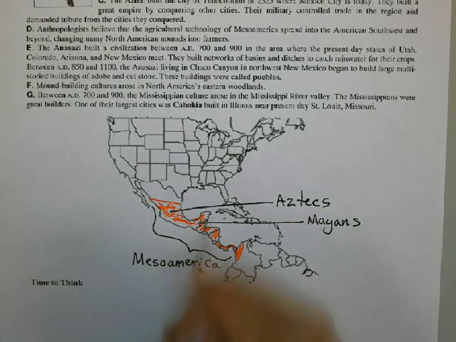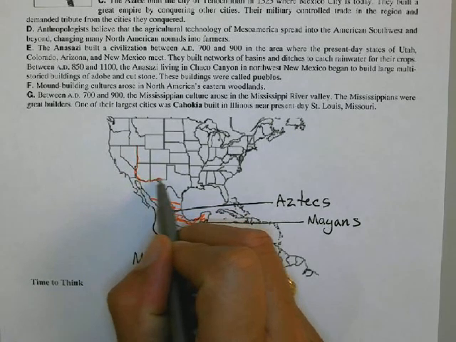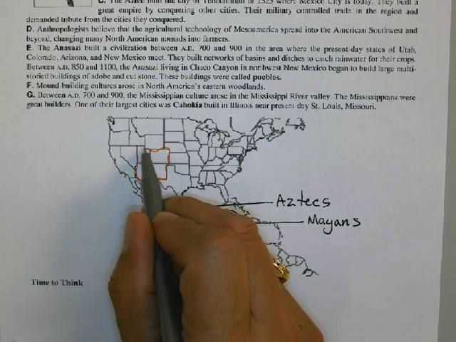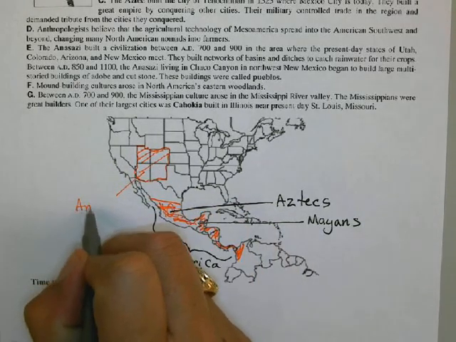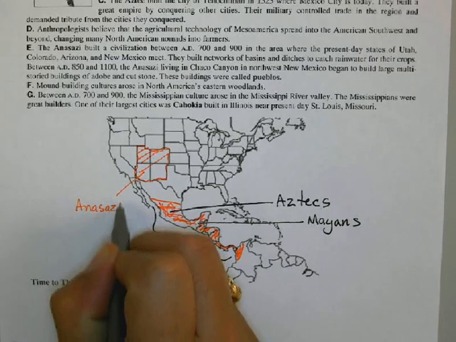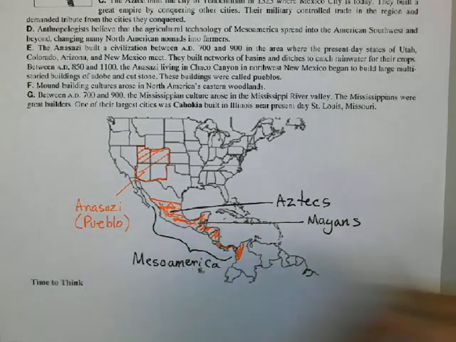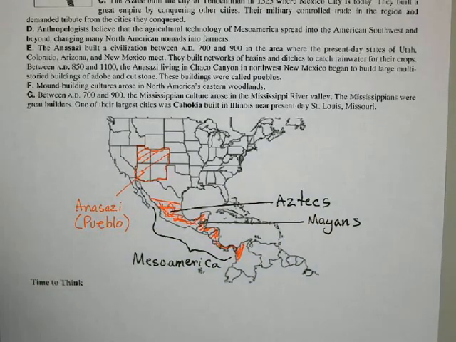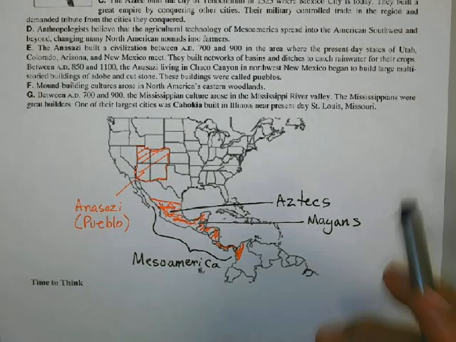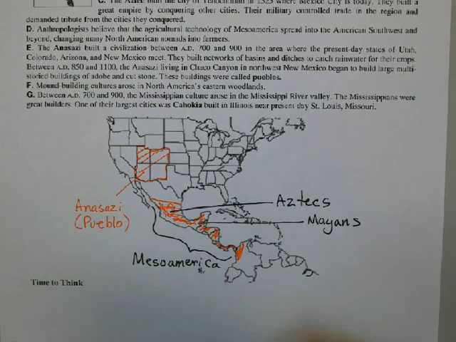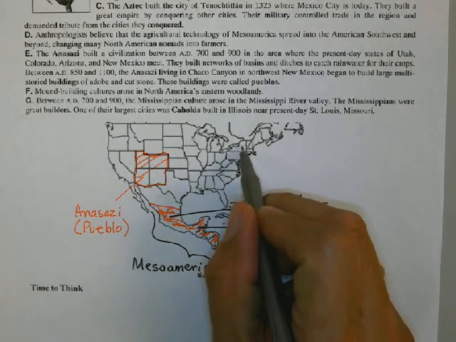All right, so one of the groups that we need to talk about are the Anasazi, and the Anasazi pretty much are in this area right here. They will eventually morph into what are known as the Pueblo Indians. Another group that we're going to be learning about are the Iroquois, and the Iroquois are going to be in this area up here.